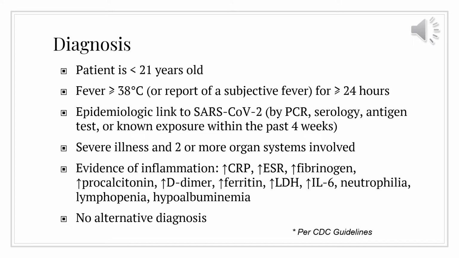Tier 2 involves an echocardiogram, an electrocardiogram, troponin, B-type natriuretic peptide, BNP, as well as a proBNP, and then the inflammatory markers of D-dimer, ferritin, procalcitonin, and lactate dehydrogenase.